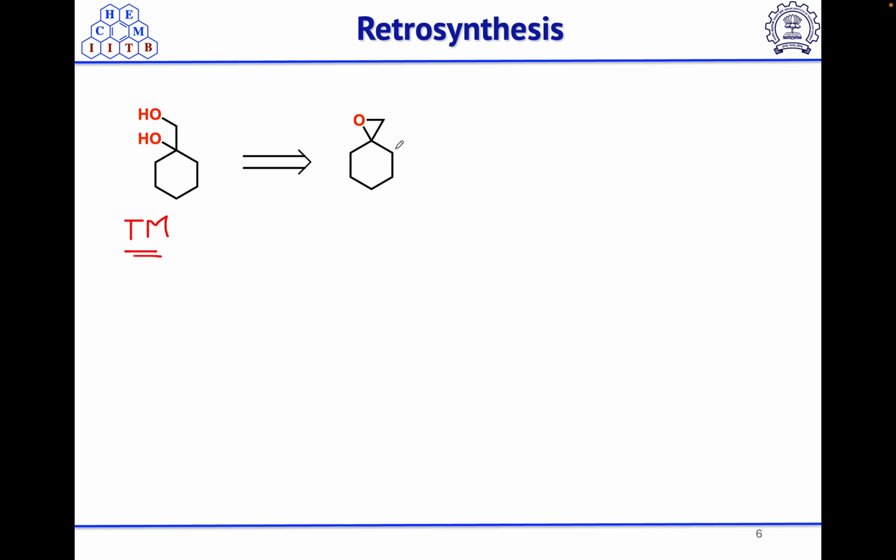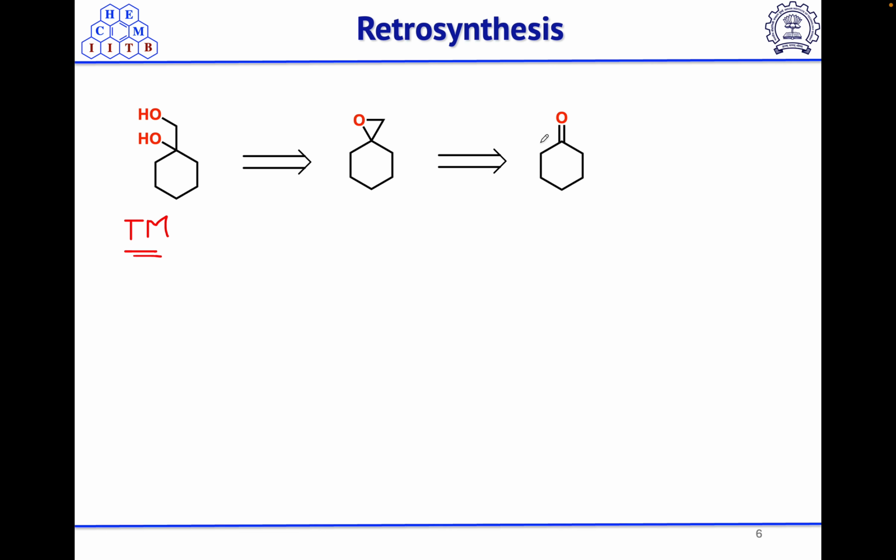Now how can we get this epoxide? We can get this epoxide from this carbonyl carbon. There is a methodology, a name reaction, the Corey-Chaykovsky reaction.